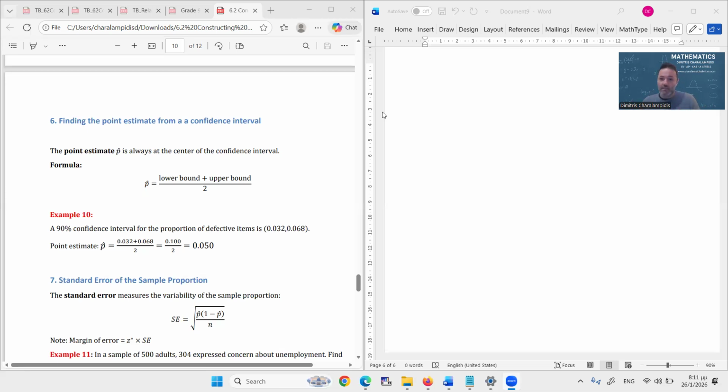So, in this case, as far as 6.2 is concerned, because we are talking about proportions, the sample statistic, therefore the point estimate, would be the sample proportion.